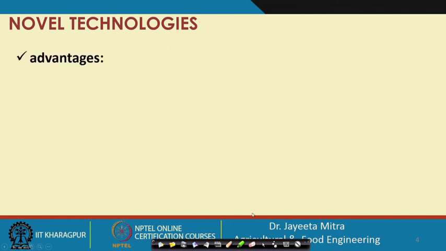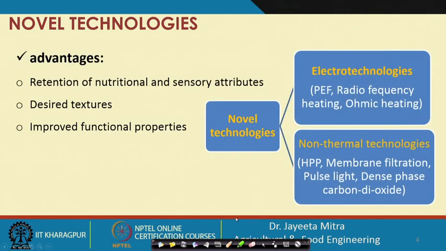So, the novel technologies came in due course of time, when the scientists thought about some alternative way to preserve the food different from thermal processing, because there are certain advantages associated with that. First is retention of nutritional and sensory attributes, then the desired texture. Sometimes because of heat treatment the proper texture of the food gets damaged. Sometimes shrinkage may happen that is not required, or that gives some undesirable appearance to the product.